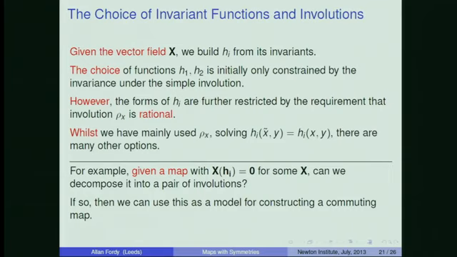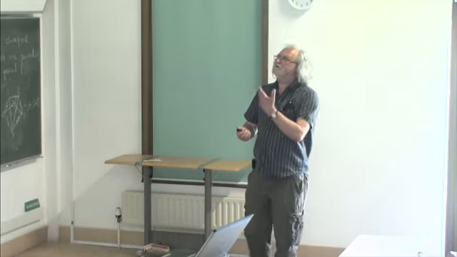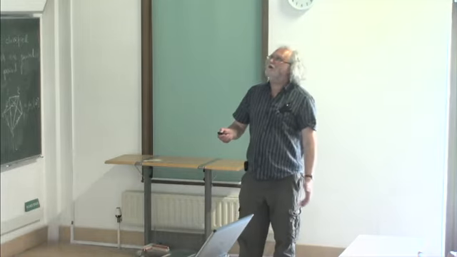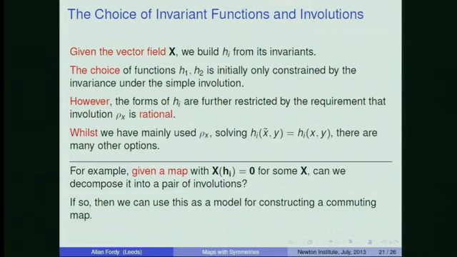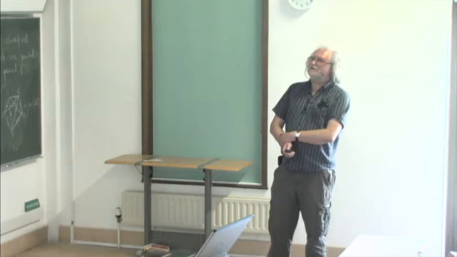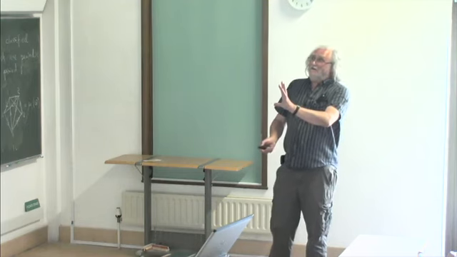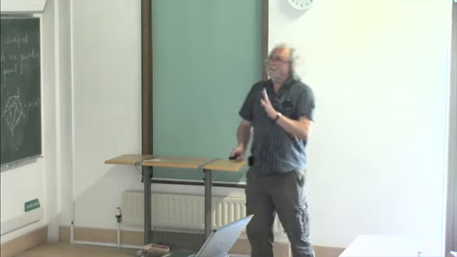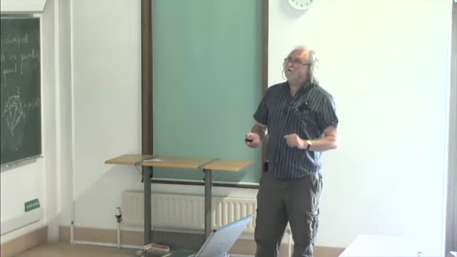But if you choose an h which is invariant under a simple involution plus rho x or something else, then you can decompose. If you can find such a pair of involutions, such that some map you see in the literature can be decomposed like that, then you can try and perform this construction.